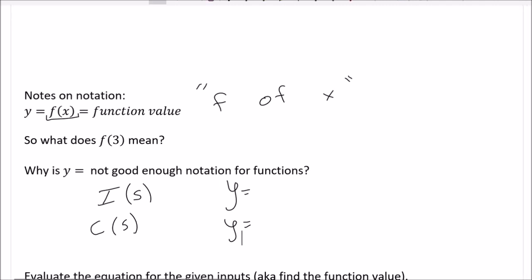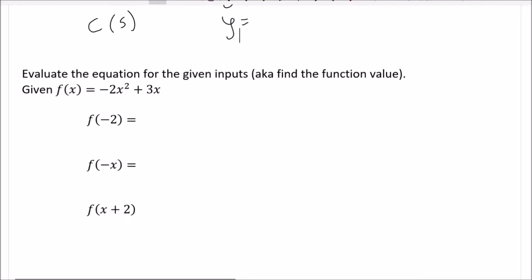Let's practice evaluating. We're going to evaluate the equation given for the given inputs, also known as finding the function values. I think you're going to find the first couple pretty easy. All this says, notice that's an x in the same spot as -2, is that we're going to write this same function, the f function, but instead of writing x, we're just going to write -2.